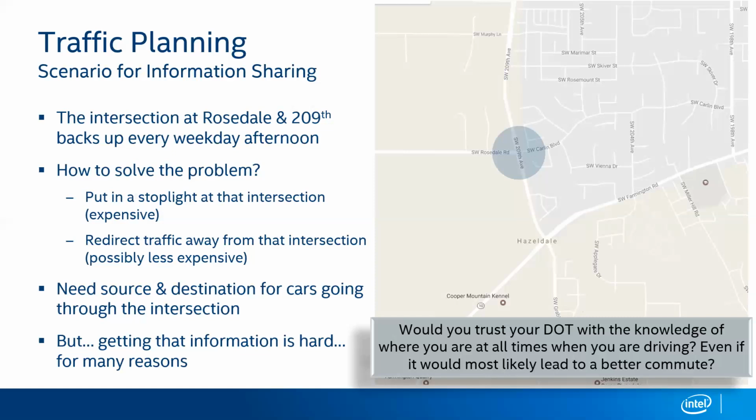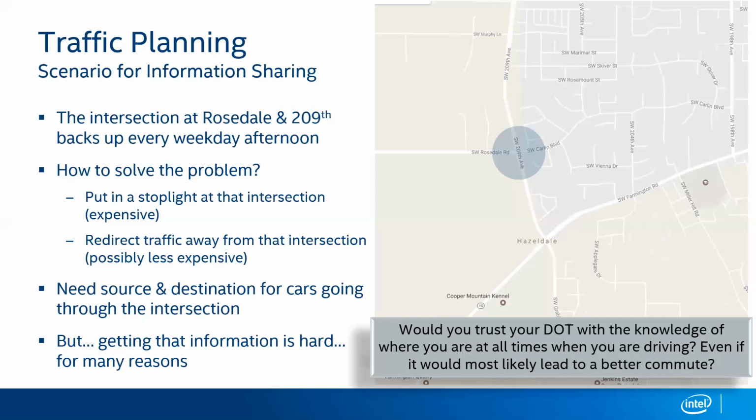If you know, for example, source and destination of the traffic, you might be able to, by making smaller changes to less expensive intersections, redirect the traffic away from this particular problematic intersection. And this is actually part of what they're trying to do in order to fix this problem.